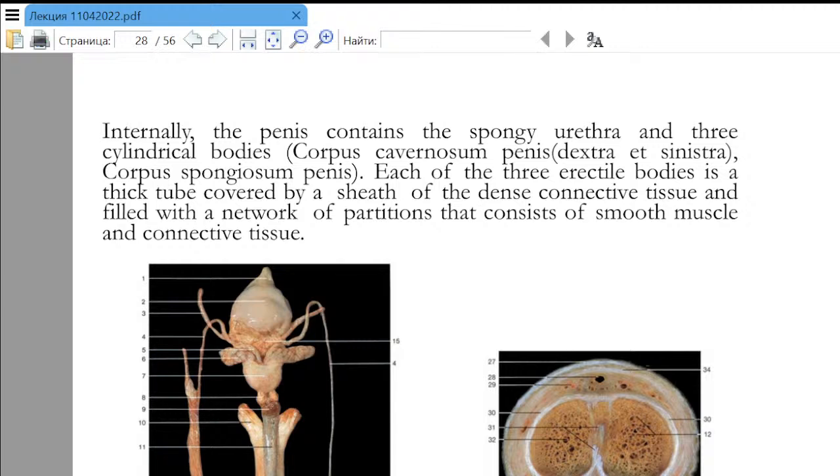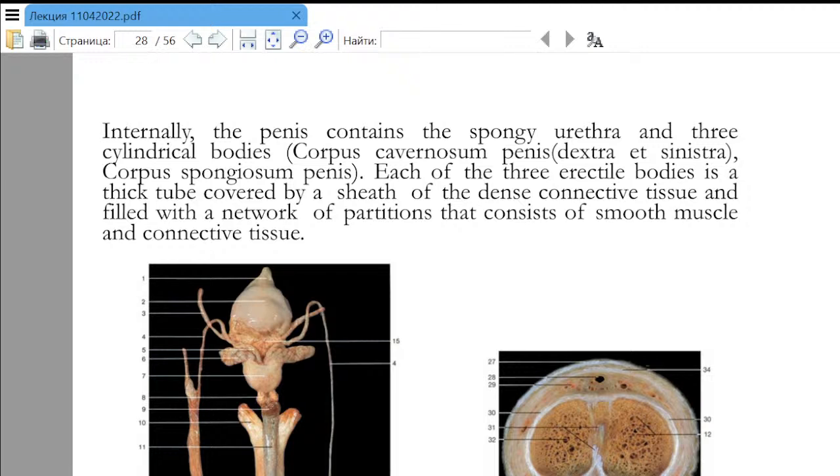Each of the 3 erectile bodies is a thick tube covered by sheets of denser connective tissue and filled with a network of partitions that consist of smooth muscle and connective tissue.